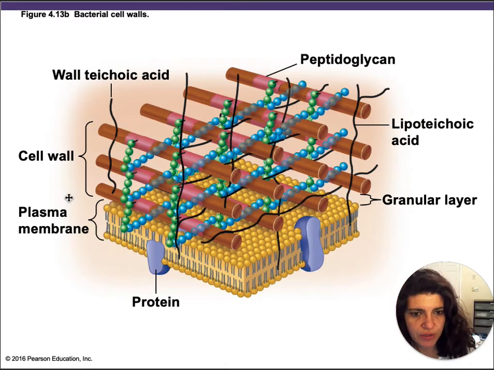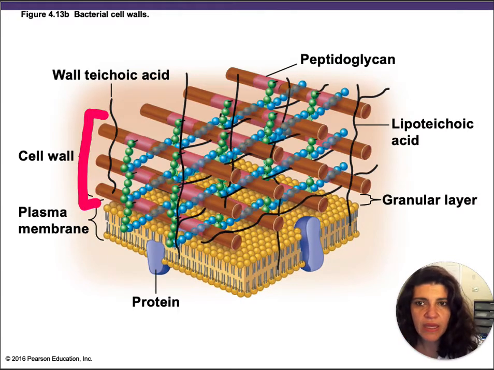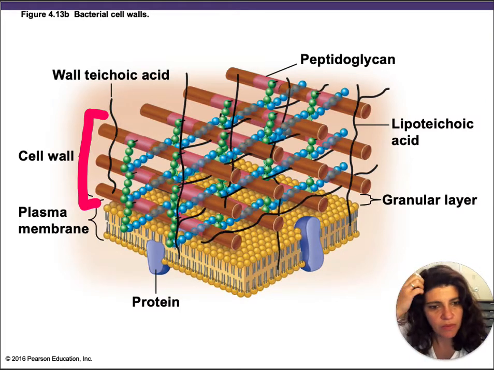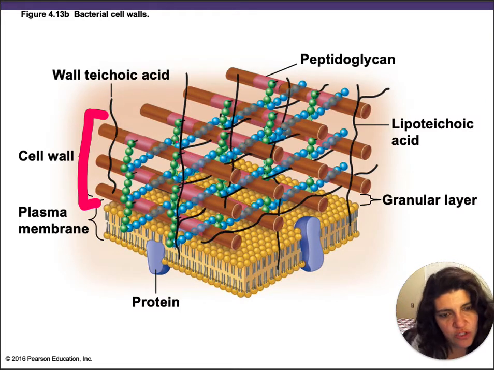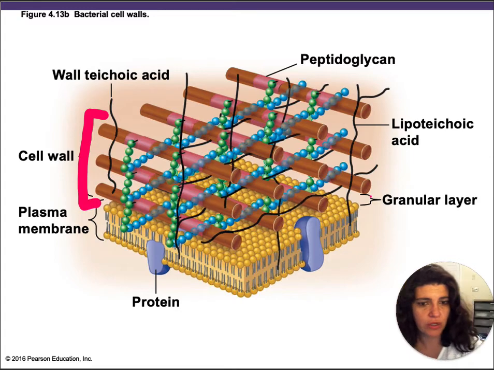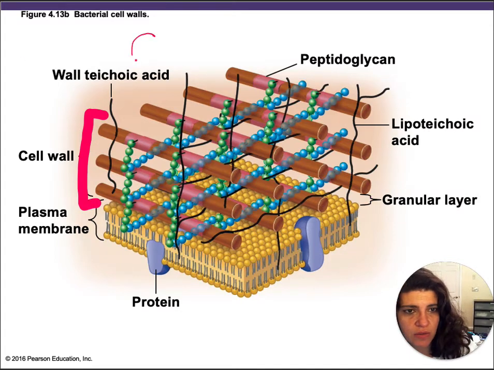So you have here the peptidoglycan layer, right? And this layer is made of multiple layers of this sugar and peptide combination in the gram-positive cell wall. So this is gram-positive.